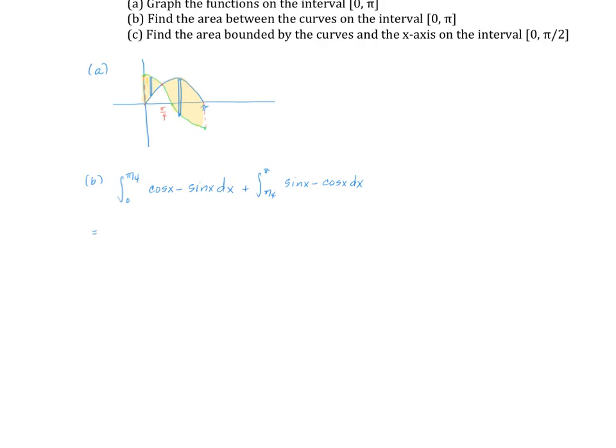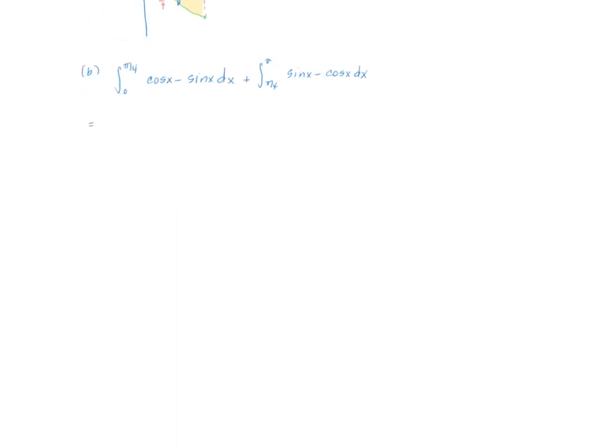Computing cosine minus sine is going to turn into sine plus cosine. The antiderivative of cosine is sine. This minus will turn into a plus because the antiderivative of sine is a negative cosine, so this turns into plus cosine. And I'm going to evaluate this from 0 to pi over 4.